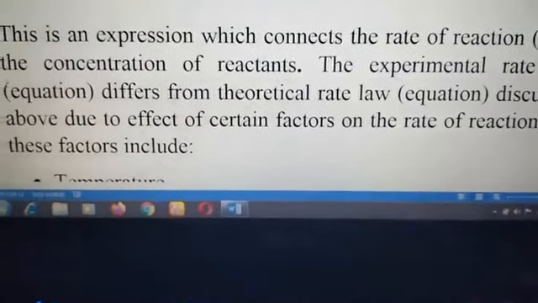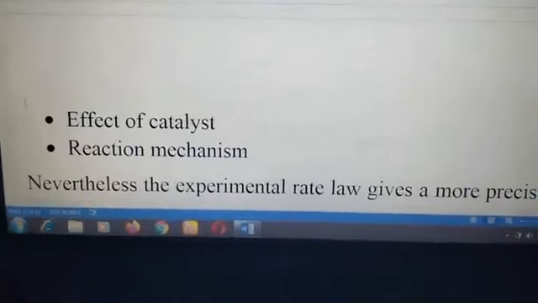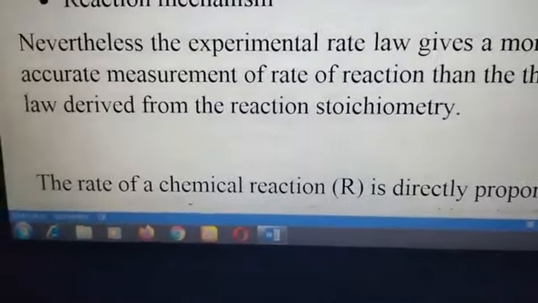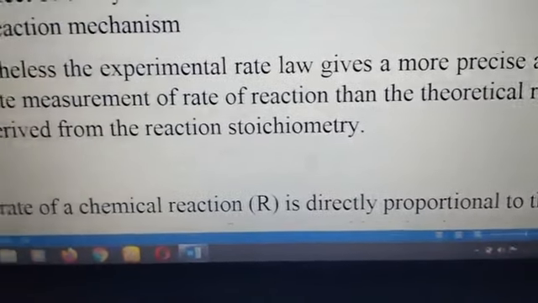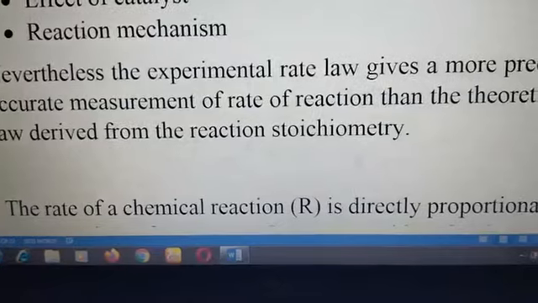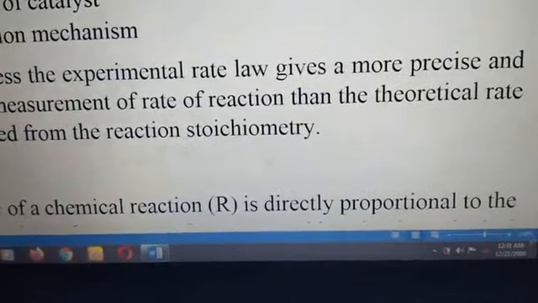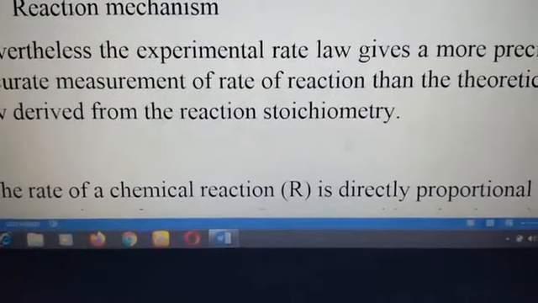And these factors include temperature, the effect of catalyst, and the reaction mechanism. Nevertheless, the experimental rate law gives a more precise and accurate measurement of the rate of reaction than the theoretical rate law derived from the reaction stoichiometry.